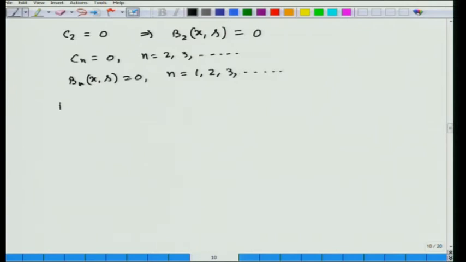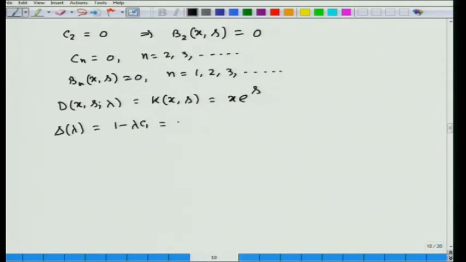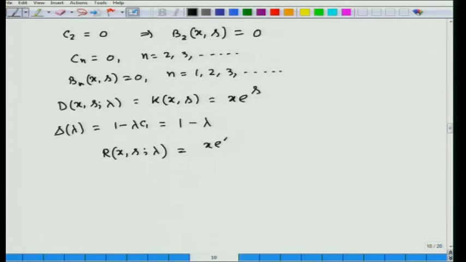So, therefore, D(x,s,lambda) is only K(x,s), that is equal to x e to the power s, and delta lambda is equal to 1 minus lambda c1, since we have evaluated c1 equal to 1. So, this will be equal to 1 minus lambda, and therefore, the resolvent kernel obtained using the Fredholm method, that is R(x,s,lambda), is equal to x e to the power s divided by 1 minus lambda.